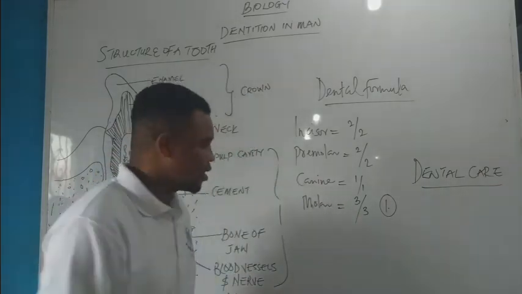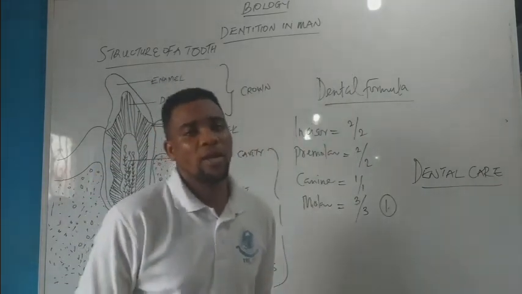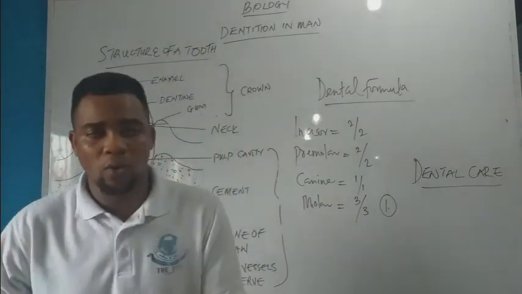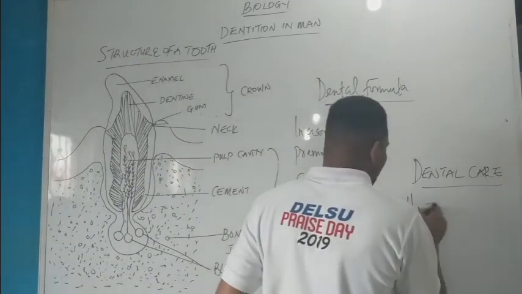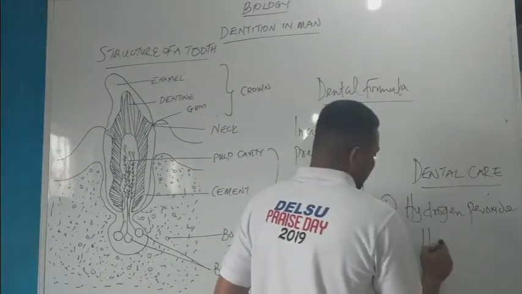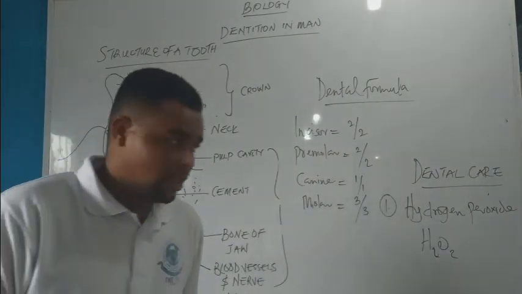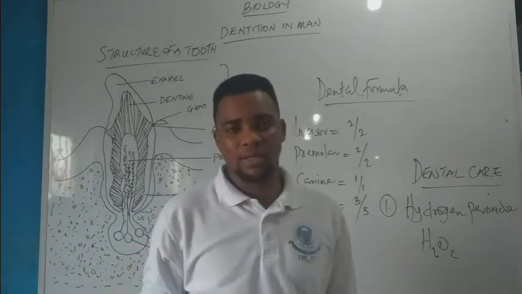Now, a very good substance that can clean the teeth adequately when stained by tobacco, cocoa, and other substances is hydrogen peroxide, symbolized as H2O2. Hydrogen peroxide is the chemical compound used to remove stains from the teeth.